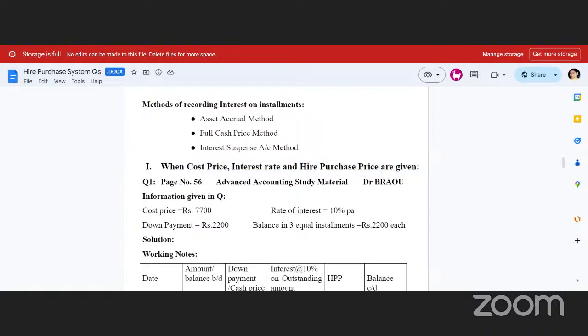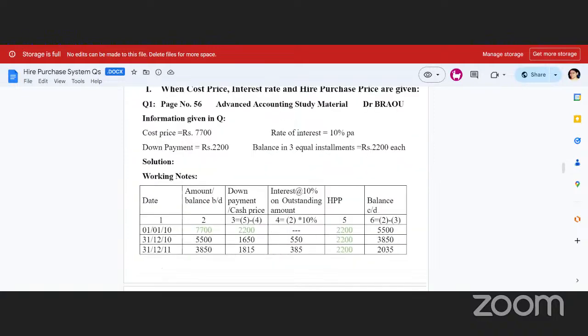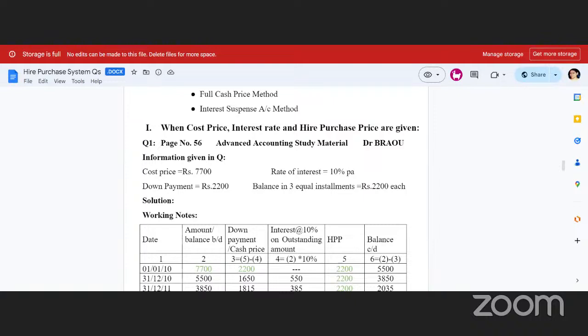See, in page 56 of your study material, Question 1C. Look into that. Please turn the pages. Open your textbook, page 56 of your study material.